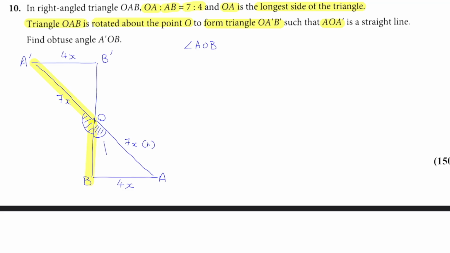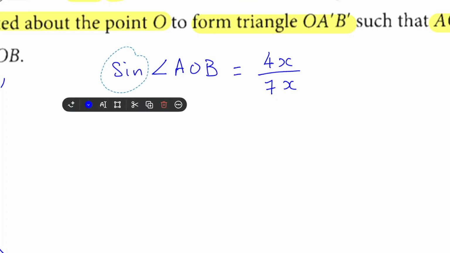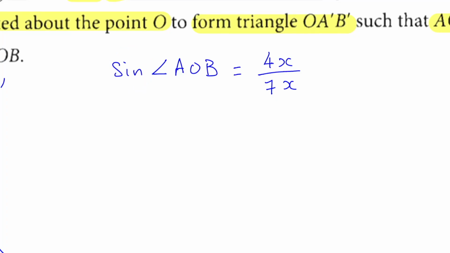Now we have the hypotenuse. We have this line opposite my angle. So we have sine of angle AOB equals opposite, which is 4x, over hypotenuse, which is 7x. Then when I rearrange it in this manner, the x would cancel out, leaving behind only 4 over 7. Then I can bring over my sine.